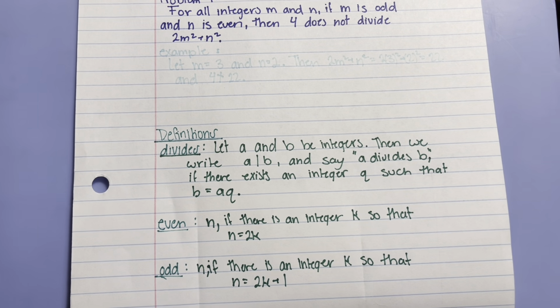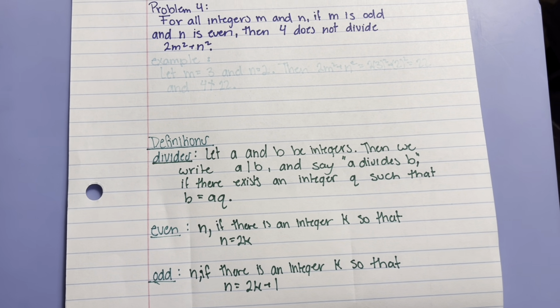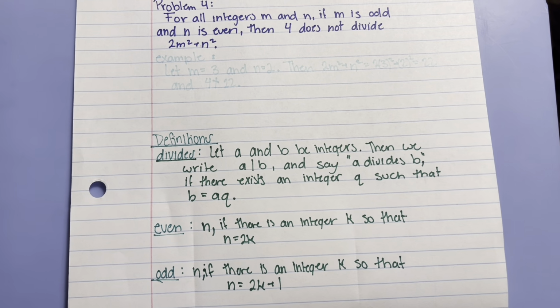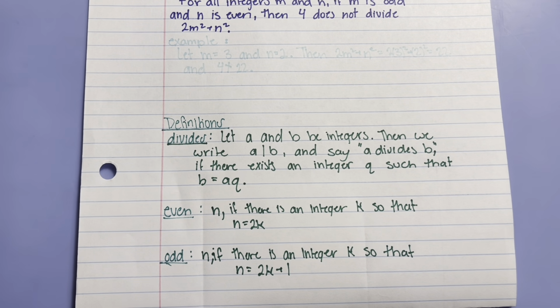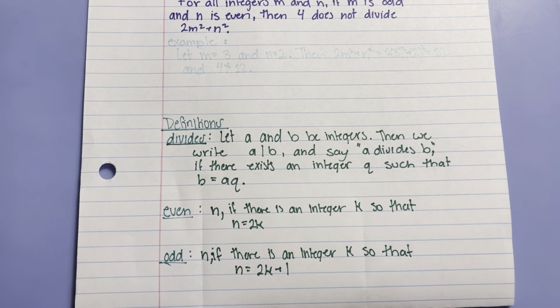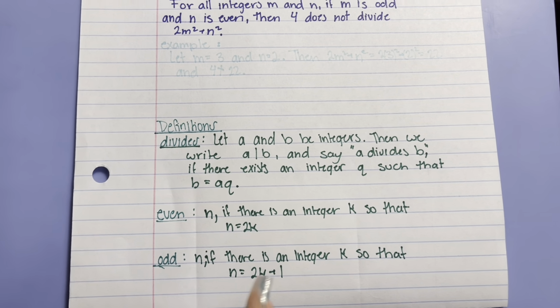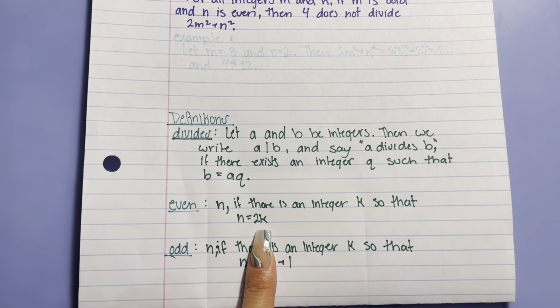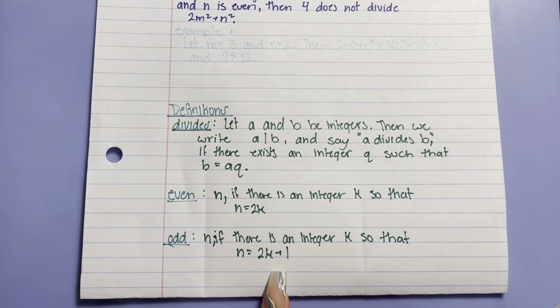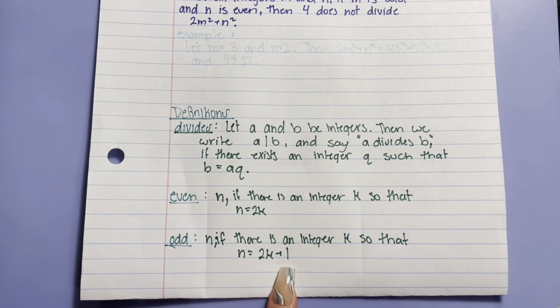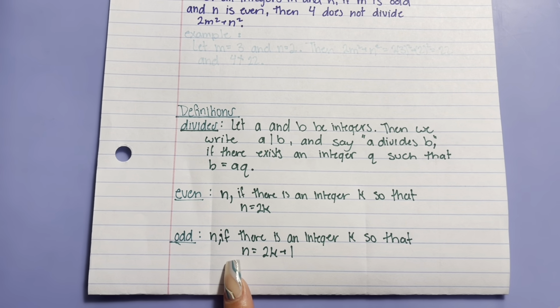Even: an integer n is even if there's an integer k so that n equals 2k. And odd: n is odd if there's an integer k so that n equals 2k plus 1. So 2 times a number will equal an even number, and 2k plus 1 equals an odd number.